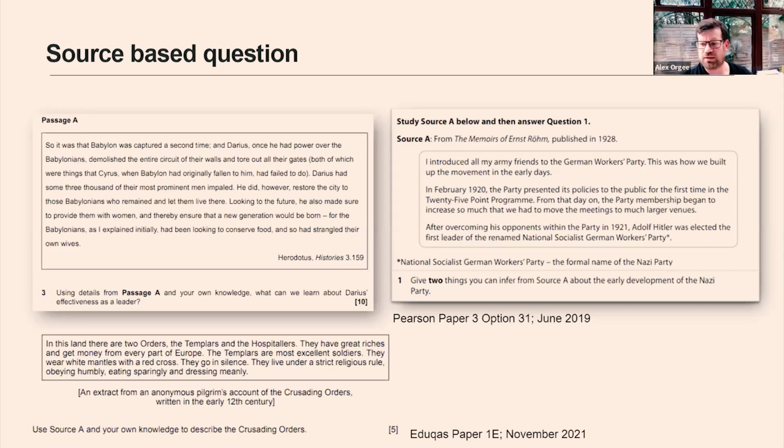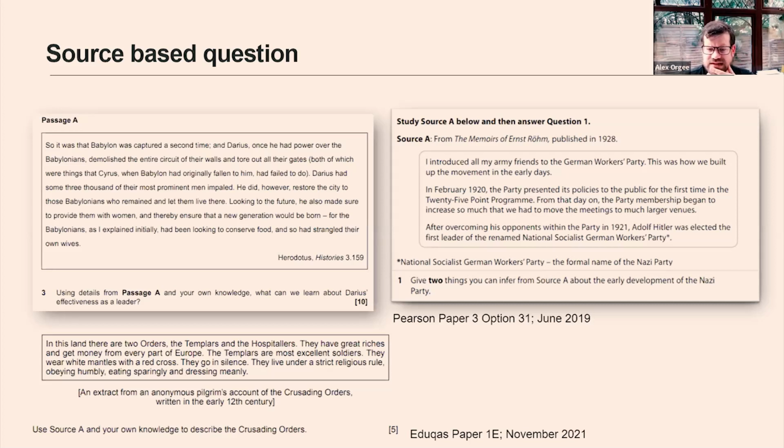It will always be worth 10 marks. So, as I said, we're looking for students to make inferences from the passage or source to answer the question, and then supplement that, or bring in other information that perhaps contradicts it, in their answer.